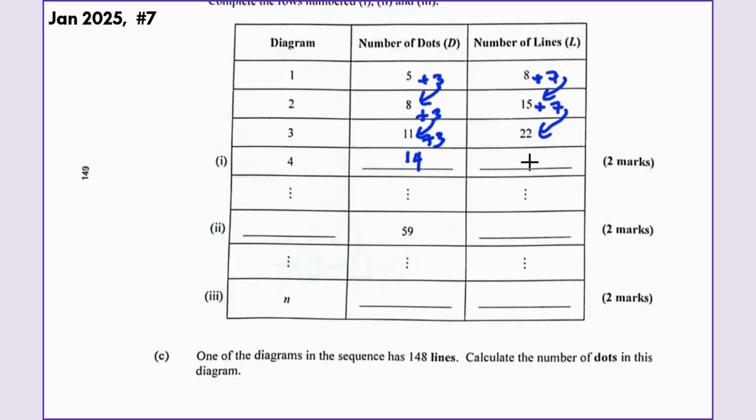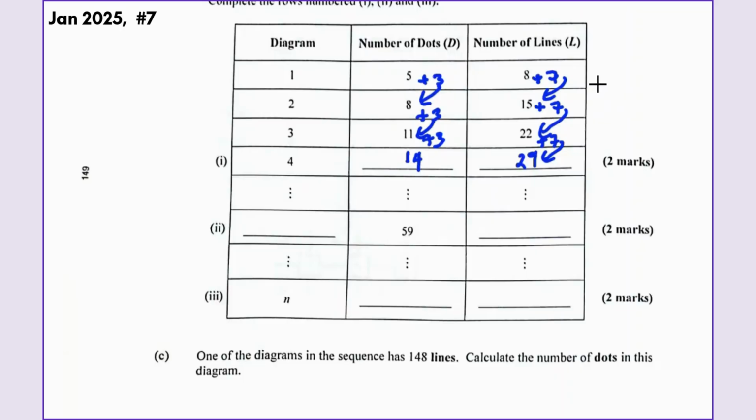So it's easy enough to figure out how many lines you'll get for diagram 4, which is what we're asked to figure out. 22 plus 7, in the same exact pattern, gives us 29.